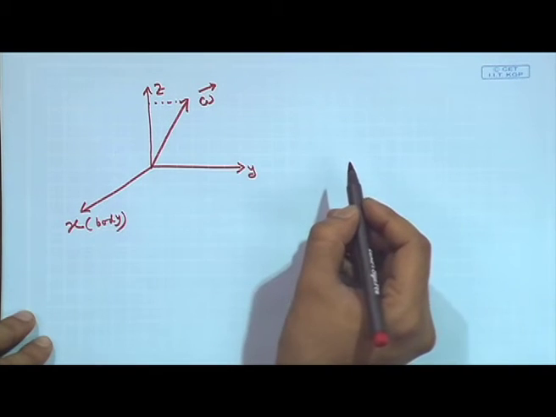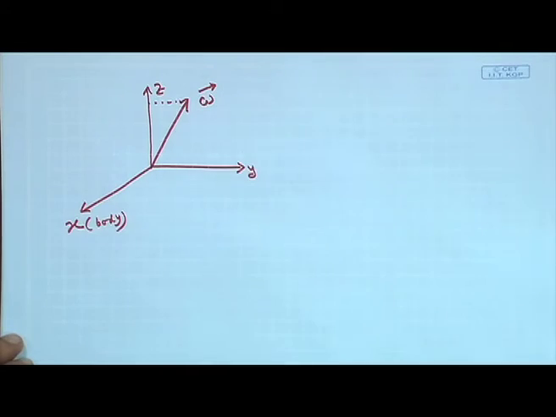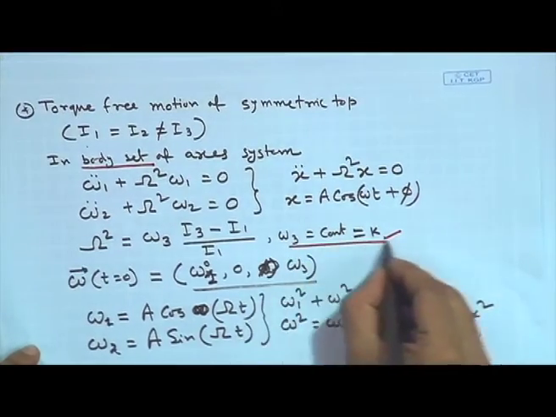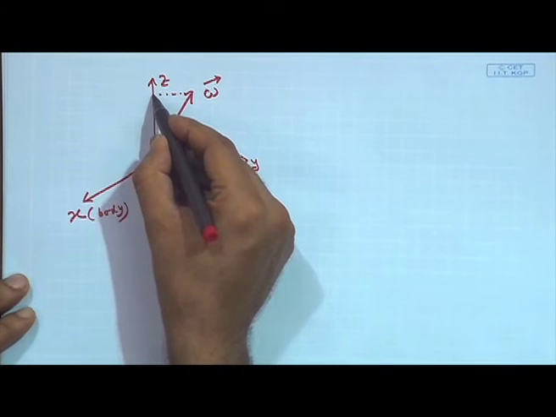So, our first result was what? Omega 3 is equal to constant. This result means the z projection of this angular velocity is always a constant.